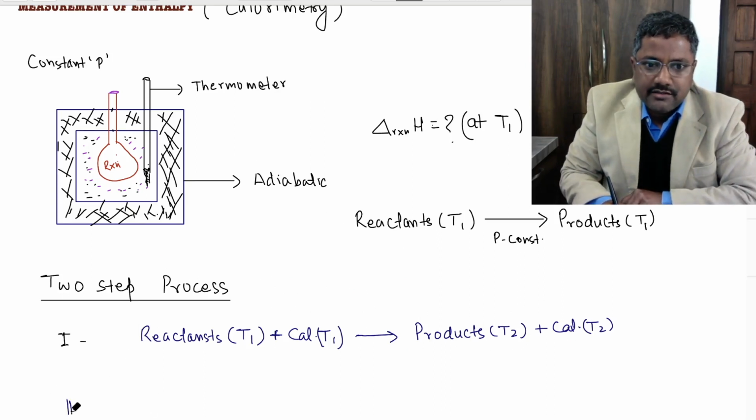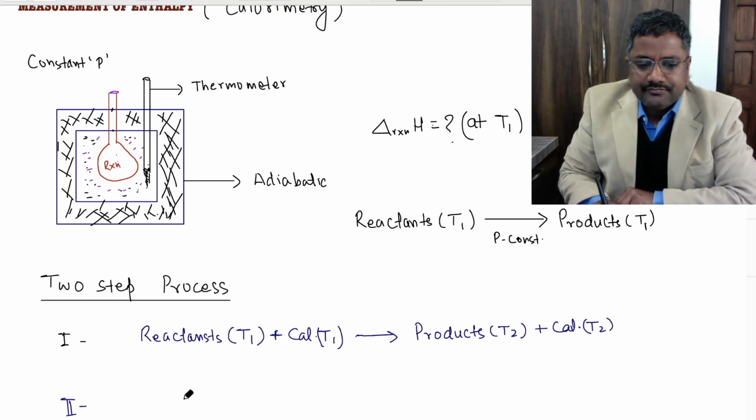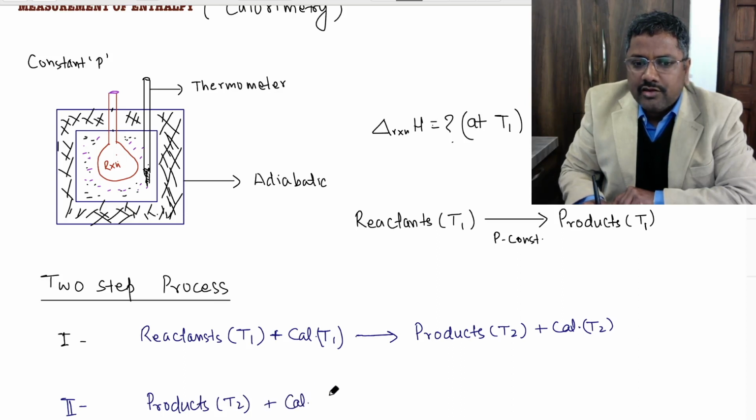Now see. Second step: products at T2 temperature plus calorimeter at T2 temperature.